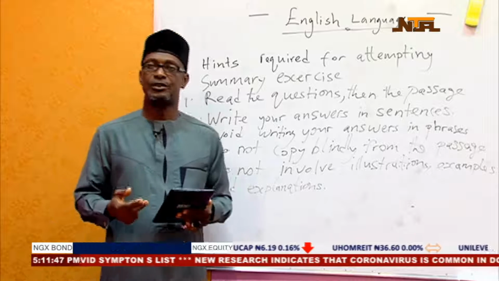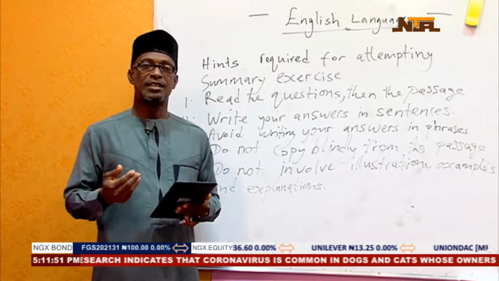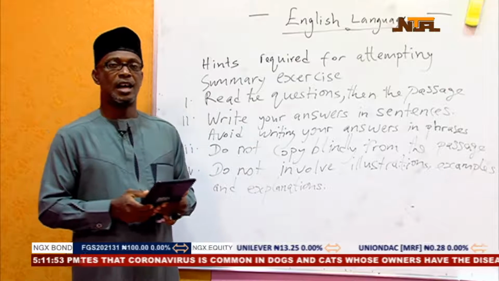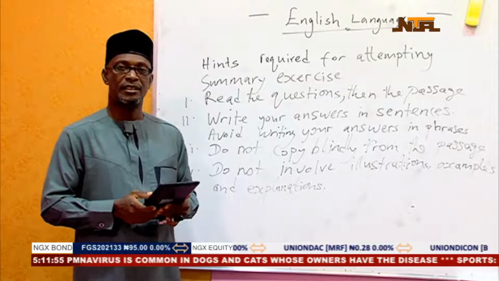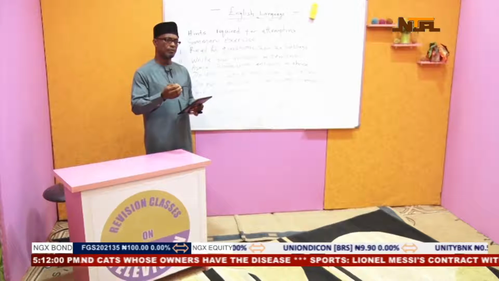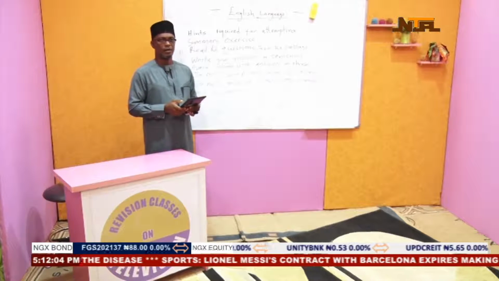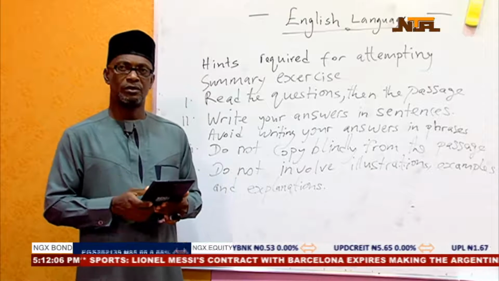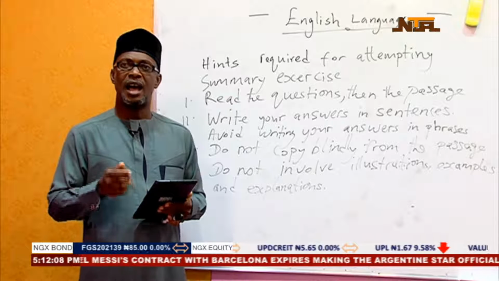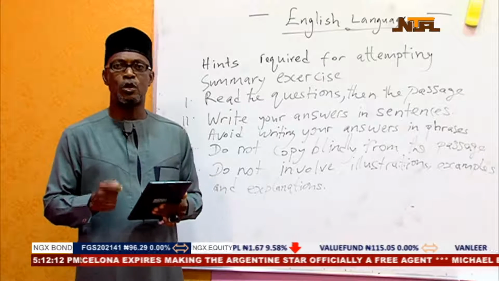From these 2 levels, you are expected to give 6 sentences. 4 sentences in level A and 2 sentences in level B. And I think there is need for us to see the high points of the passage. We have said earlier on that your answers are expected to follow the format of recall.